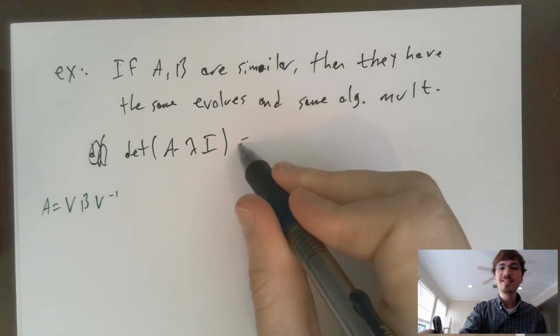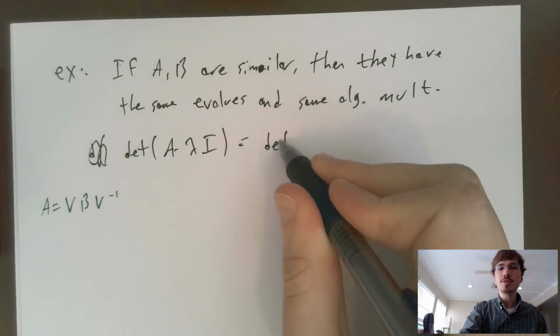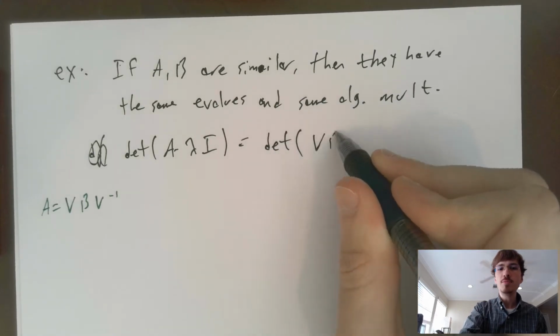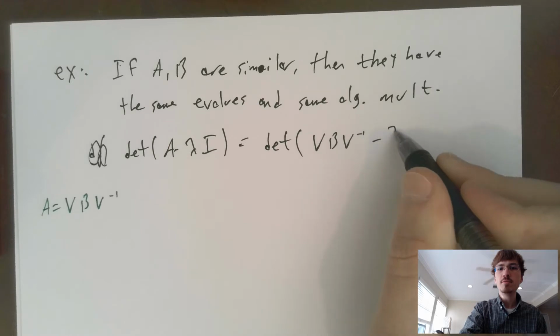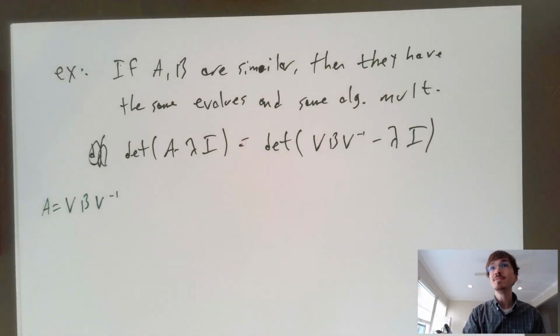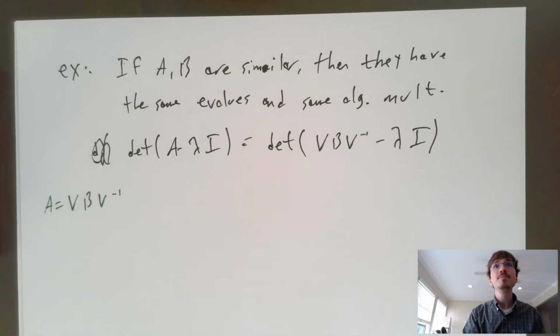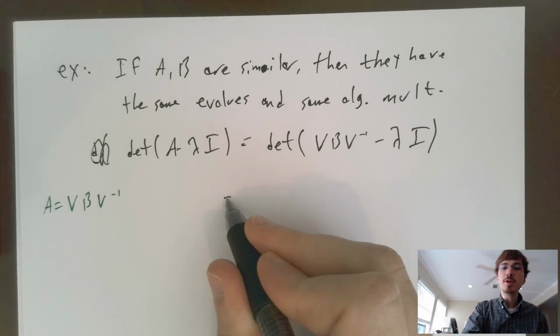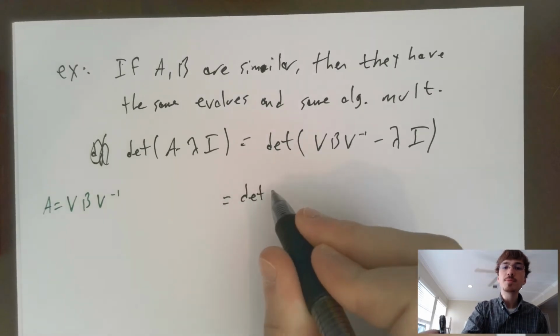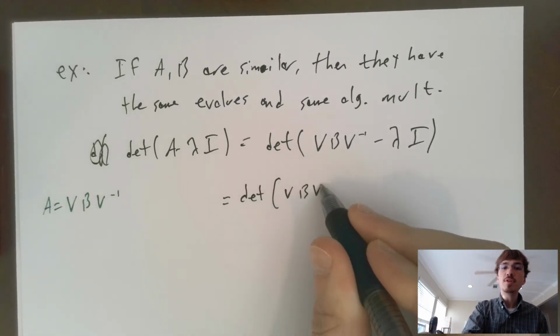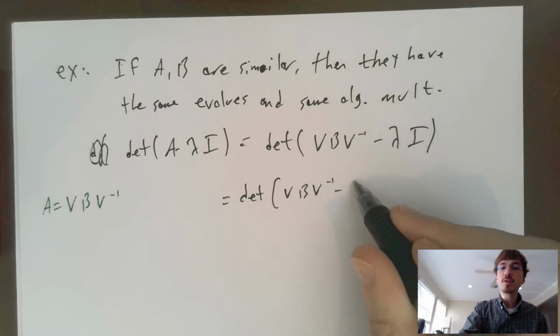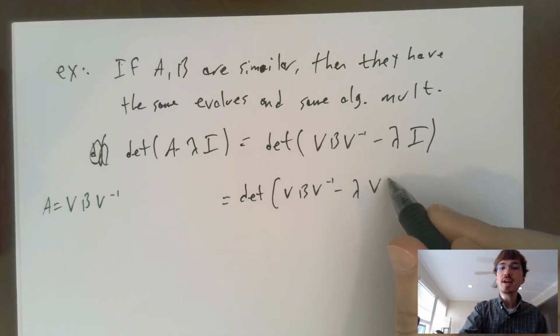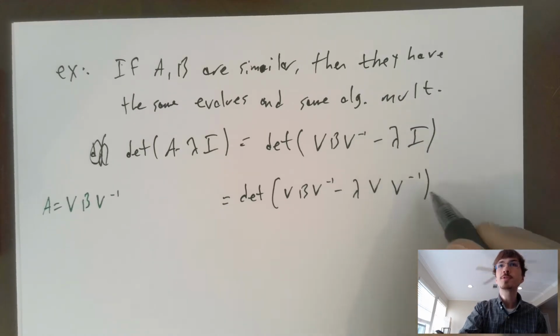This is going to be the determinant of V B V inverse minus lambda times the identity. And let's be a little clever here. What's the identity matrix equal to? We're going to write the identity as V times V inverse.